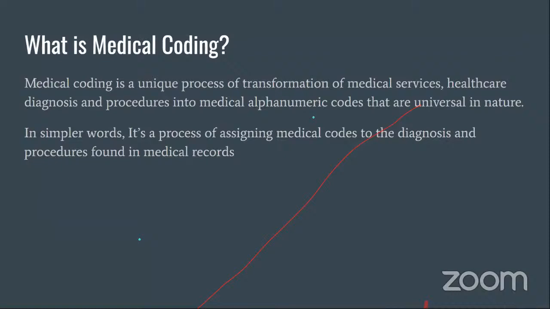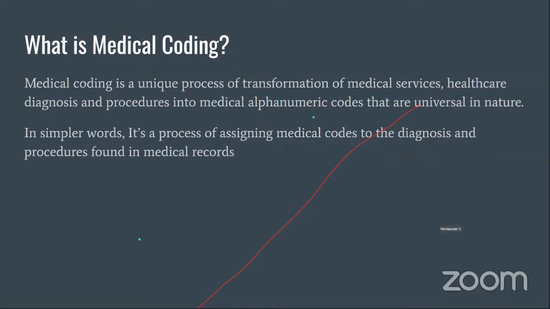The reason was I wanted to stay in the healthcare field, but also wanted a stable office job. I didn't want to go back to the clinical side. Of course, nothing against the clinical side, it's great. It's just that it was my choice at that time. Medical coding offered me job security and also the career growth that one is looking for when choosing a career. That is why I chose medical coding as a career for myself.